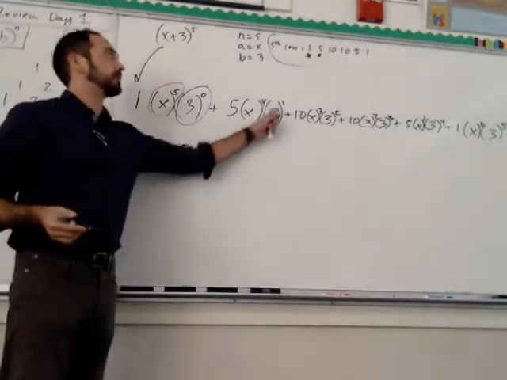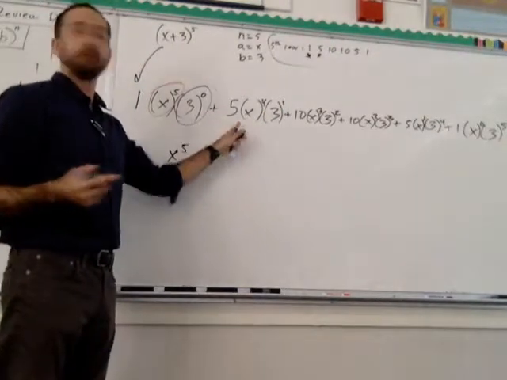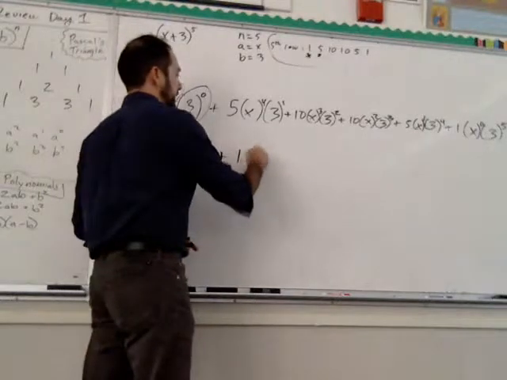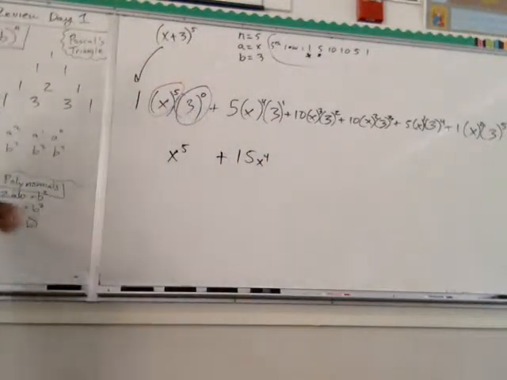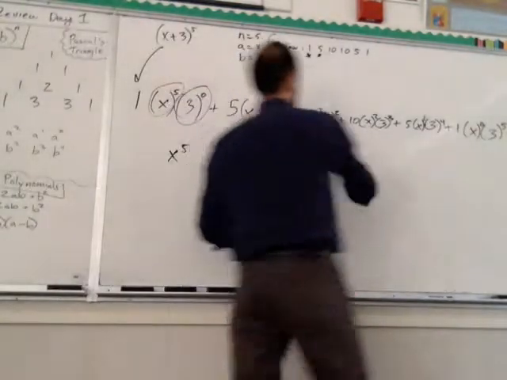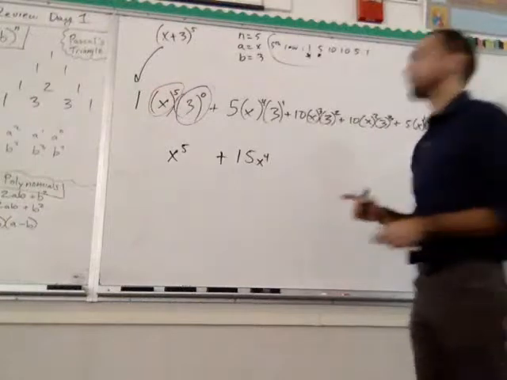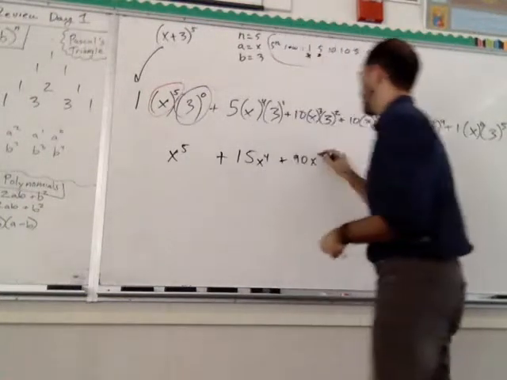Okay, 3 to the 1st power is 3 times 5, 15. So we have 15x to the 4th. Then what's 3 to the 2nd power? 9 times 10? 90x to the 3rd power.